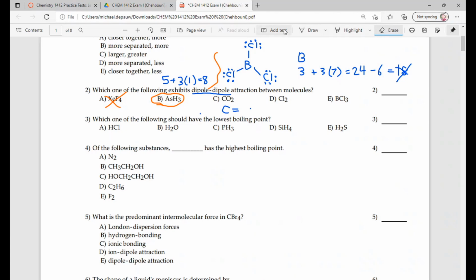So what would you say this one is? HCl. That's dipole-dipole. And water? H bonding.